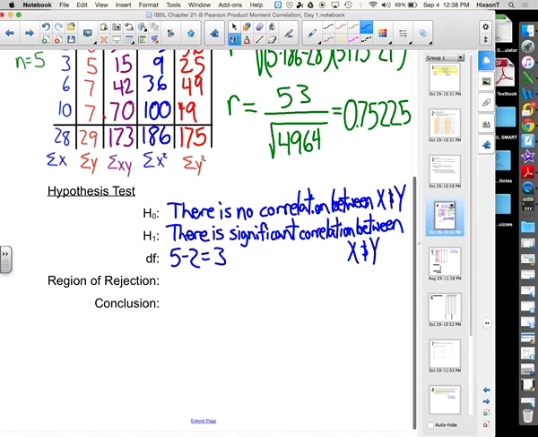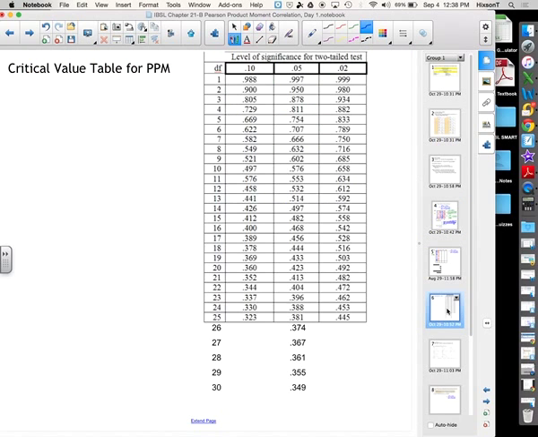So, how do we know what our region of rejection is? Well, that's where we have what's called a critical value table. Now you have here a level of significance for a two-tailed test. That just means both ends are possible. Here's that 0.1.